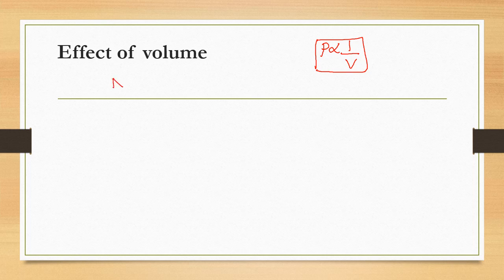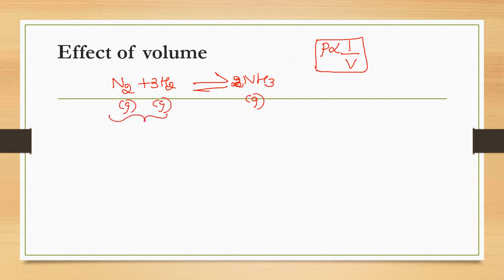So let us consider the formation of ammonia, N2 + 3H2 gives 2NH3. Number of moles of reactants, 4 moles of reactants, 2 moles of product.